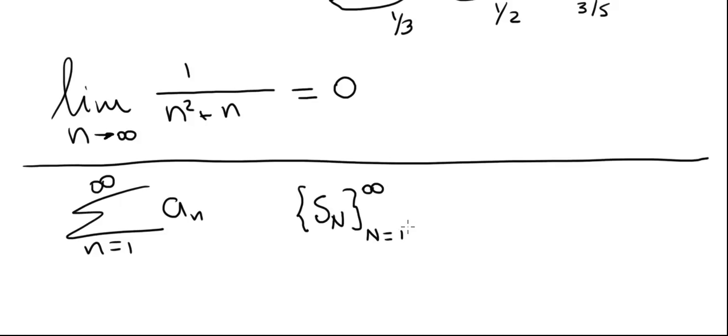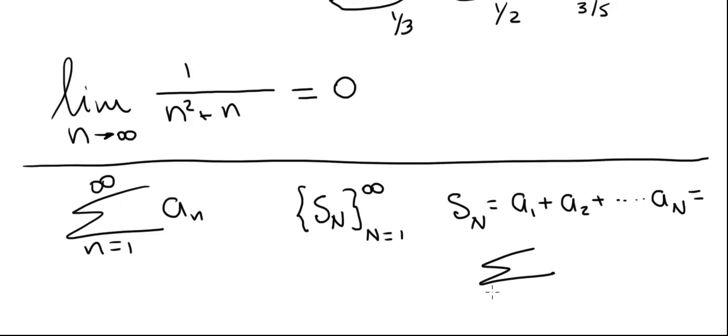This sequence is called the sequence of partial sums, and so S sub N is defined as the sum of the first N terms of our series. So this is a1 plus a2 plus all the way up to a sub N, and we can write it using sigma notation. This is a summation from small n equals 1 to big N of a sub n.